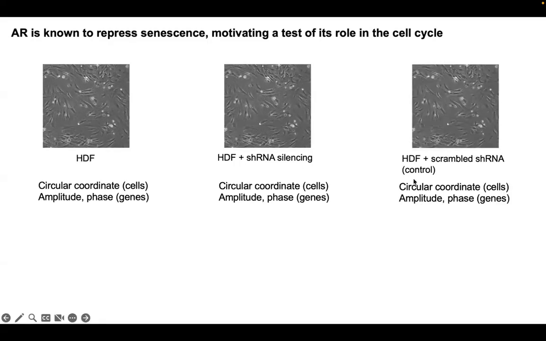Also for the control group, they also injected shRNA but a scrambled one. So for the three cases, we get circular coordinates for cells and amplitude and phase for genes for each case. We compare the results with the original HDF in the left case.